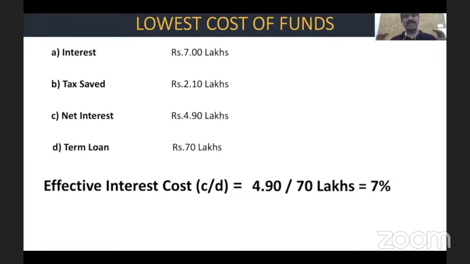So you have to see the net of it. If you don't pay interest, you would have paid more taxes. So because of interest only, you are saving the taxes. I pay 7 lakhs on one side, I save 2.1 lakhs on the other side. My net effective interest cost is only 4.9 lakhs, and I have taken a loan of 70 lakhs. So my effective interest cost is only 7%.